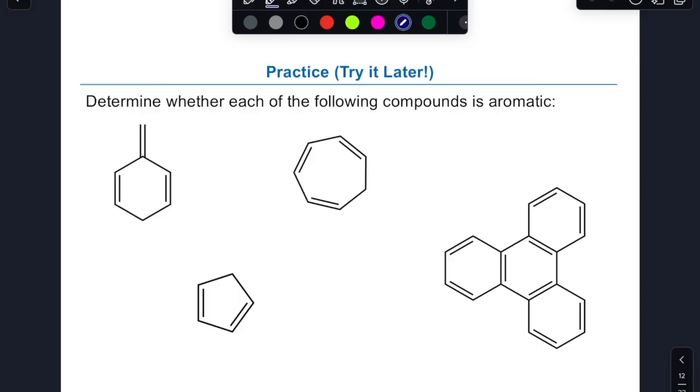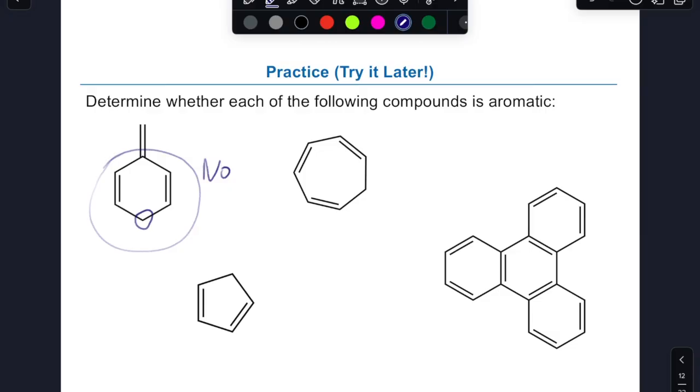Okay, for these questions, we're trying to address whether the molecules are aromatic. Remember, they have to meet the 4 rules we said. First of all, this one would be classed as not aromatic, mainly because there is an sp3 carbon here, and it also doesn't have 4n+2 electrons.